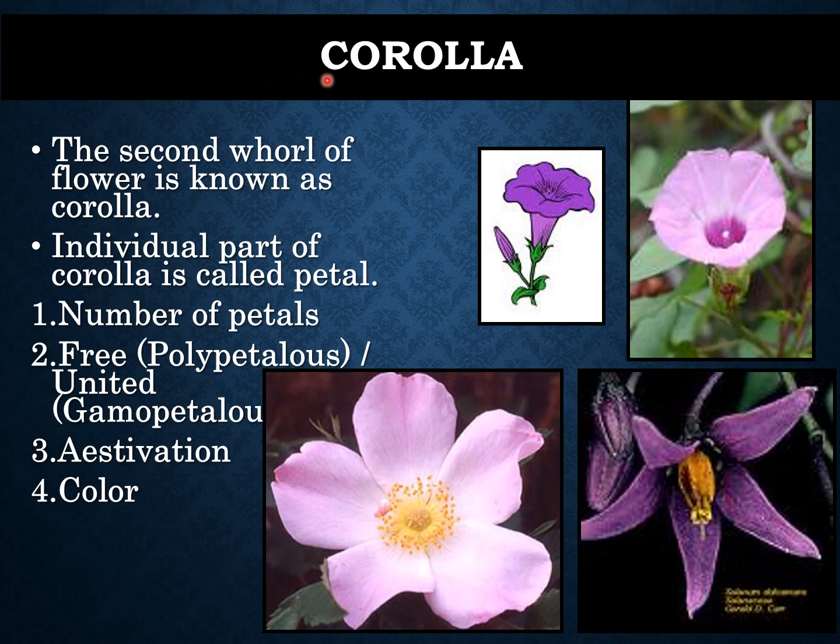Now let us discuss the corolla. It is the second whorl of the flower, and the individual part is called petals. Here you will also notice the number of petals, like 1, 2, 3, 4, 5 petals, and the fusion of petals, like free or united condition.